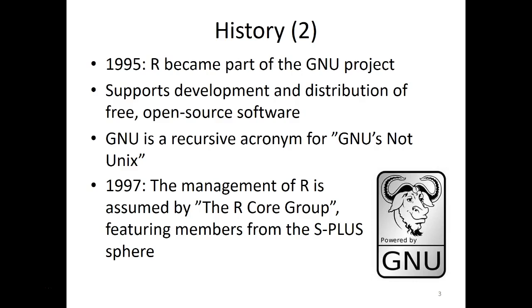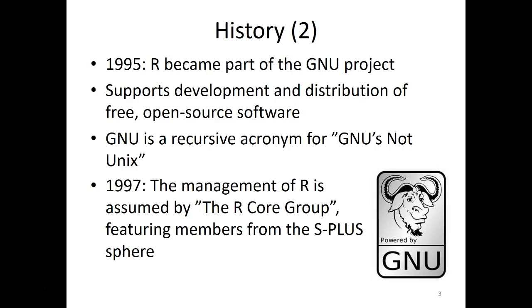In 1997, Ross and Robert found that they had to put a lot of work into managing R, with requests from users and questions and suggested changes and updates.